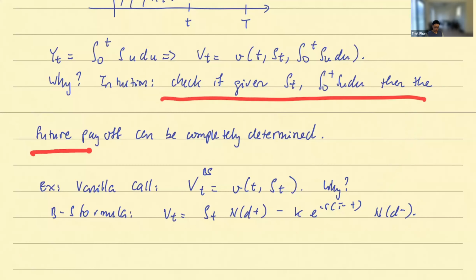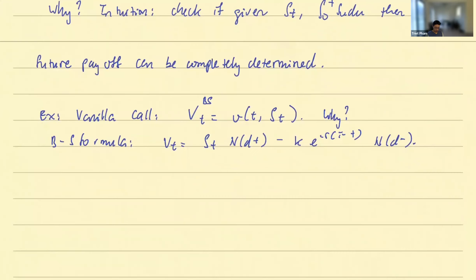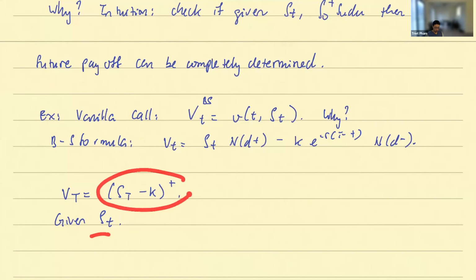If you follow this intuition, then what does it say? The payoff is (S_T minus K) plus. What are we given? We're given s little t. So the question is, if you're given s little t, can you tell the future payoff?